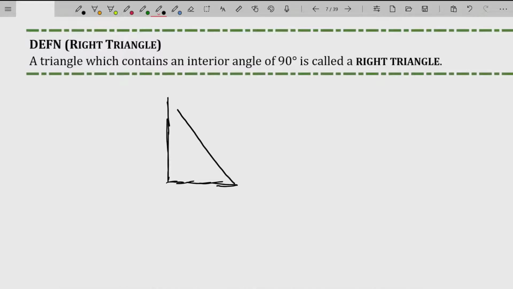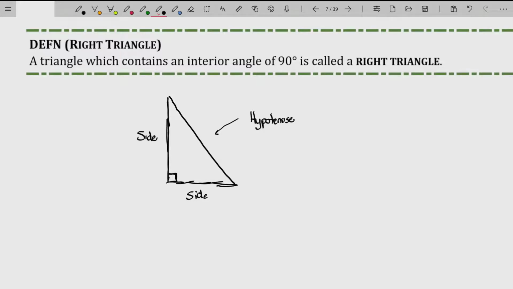So here's a right triangle, and we denote the right angle with that little square, saying that that is the right angle. The side opposite the right angle is called the hypotenuse, and the other two are just called sides. Side, I should say, that's not plural, and this is a side as well.